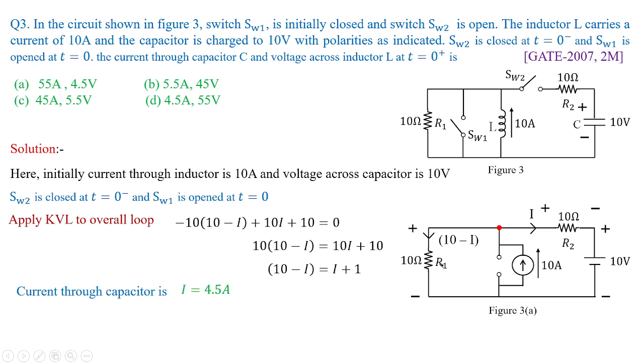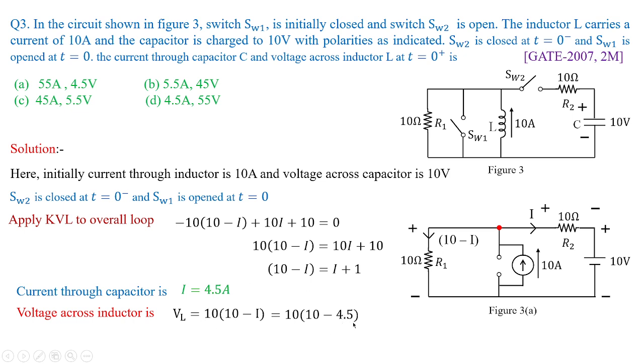The voltage across resistance R1 is nothing but 10 into 10 minus I. 10 minus I is the current flowing through this branch R1, and the resistance of R1 is 10 ohms. Therefore, the voltage across the inductor VL is equal to 10 of 10 minus the recently obtained value of series current, that is the capacitor current 4.5, which becomes the series current.